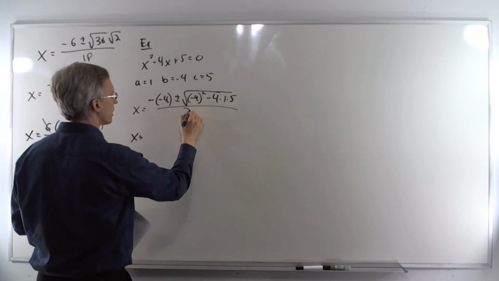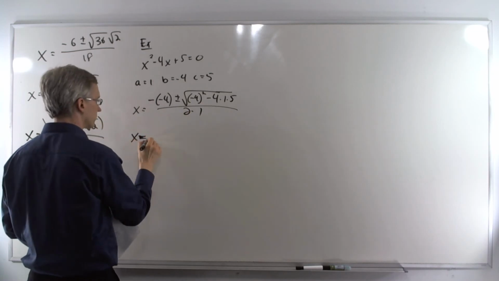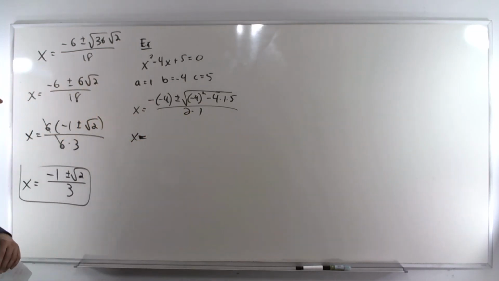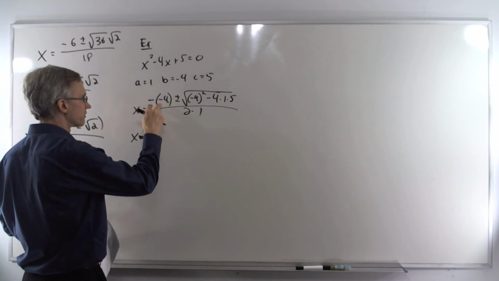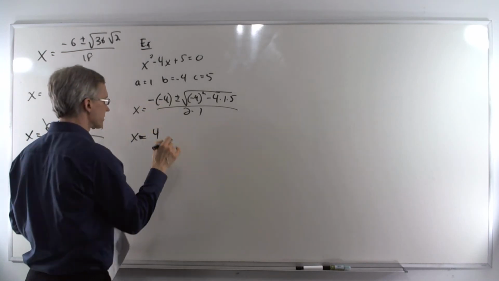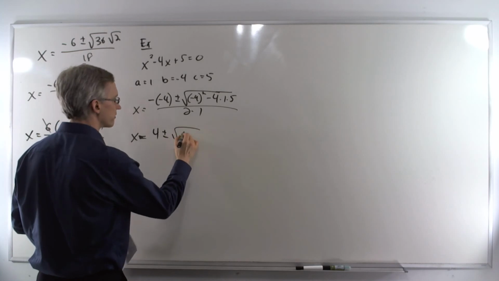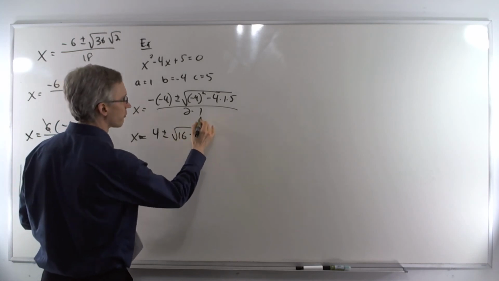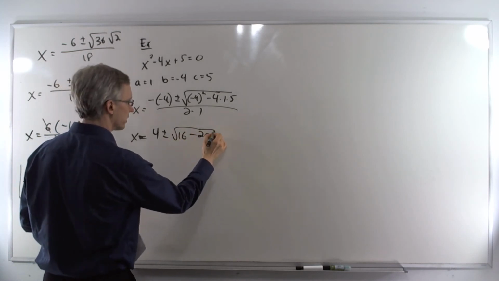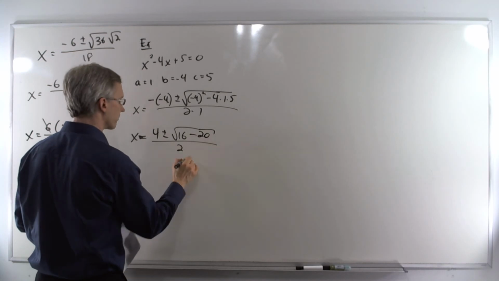And that's all over 2 times a, or 2 times 1. Simplifying, negative times negative gives us positive 4, plus or minus the square root of 16, minus 4 times 1 times 5 is 20. 16 minus 20 over there, all over 2.